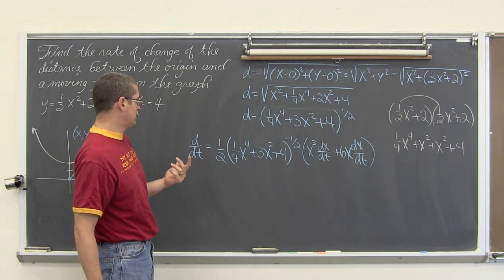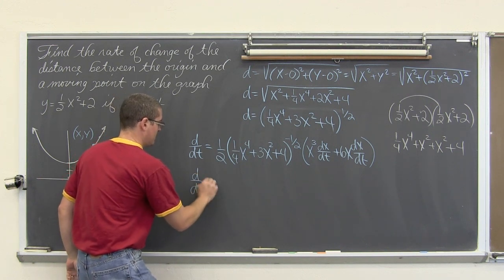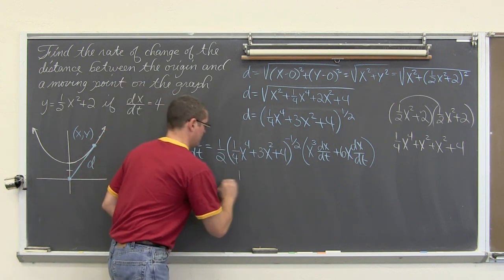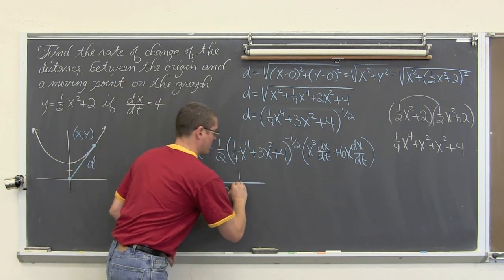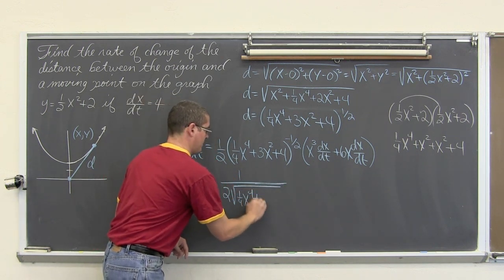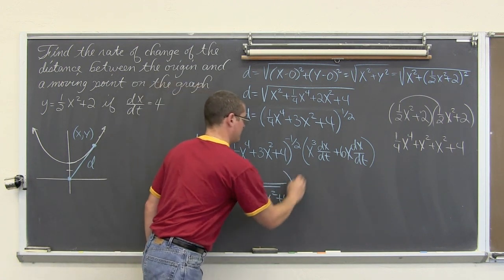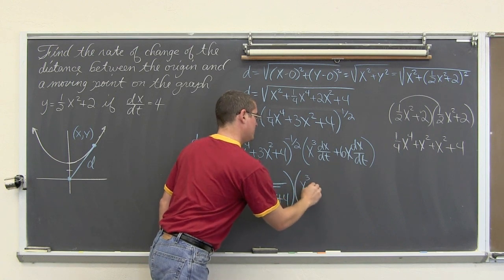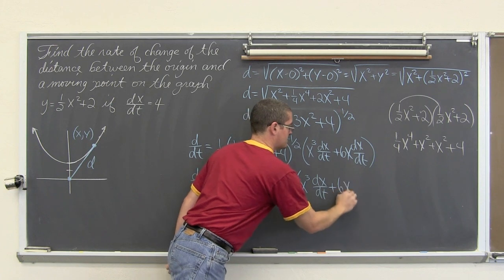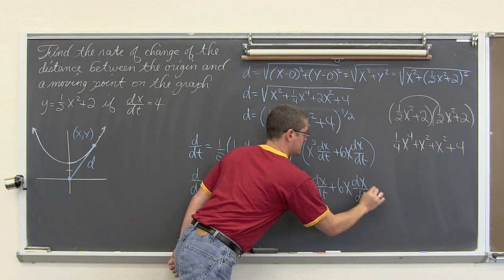Now, we have got the derivative with respect to t of, this is going to come down to the bottom, so we have 1 over 2 times the square root of 1/4 x to the 4th plus 3x squared plus 4, times x cubed dx/dt plus 6x dx/dt.